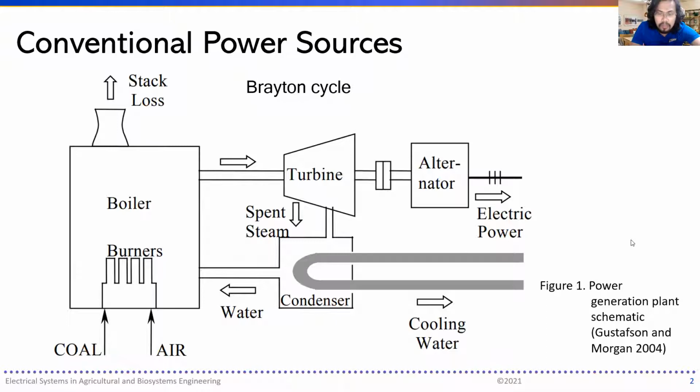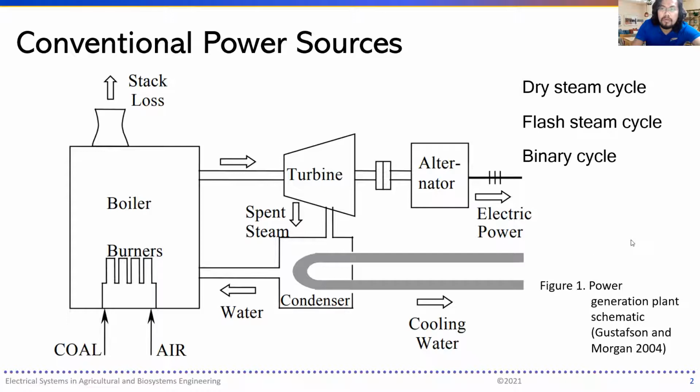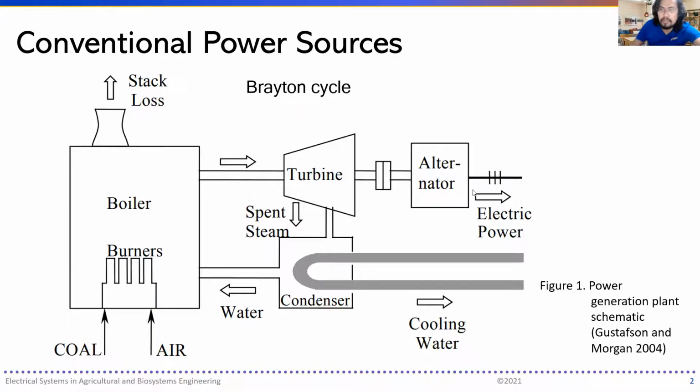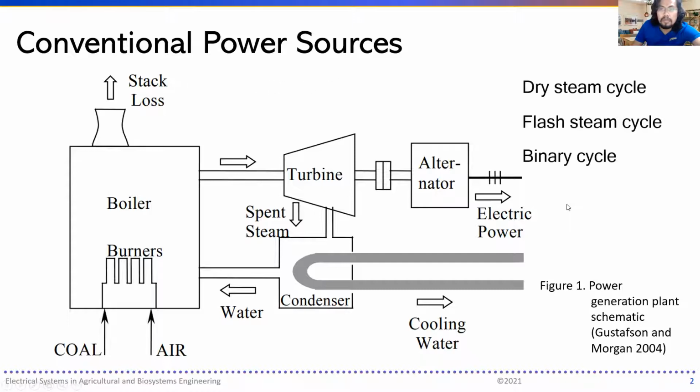Now, the geothermal power plant operates via the dry steam cycle, flash steam cycle, and the binary cycle, whichever of the three is appropriate.